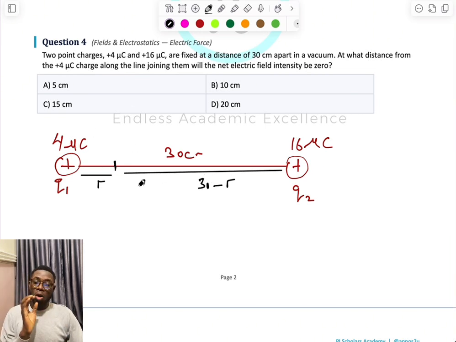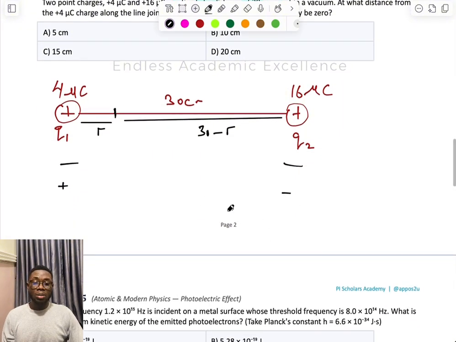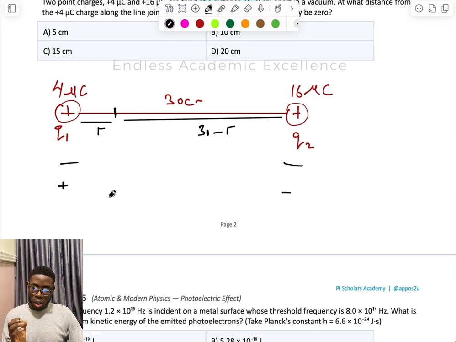Positive and positive charges, or any charges that are the same, even if it was negative here as well, anything in between them will cancel out because of repulsion. But if they are of different signs, like let's say we have a positive and a negative charge here, these two are going to attract. So anything between them is an electric field intensity that will add up.